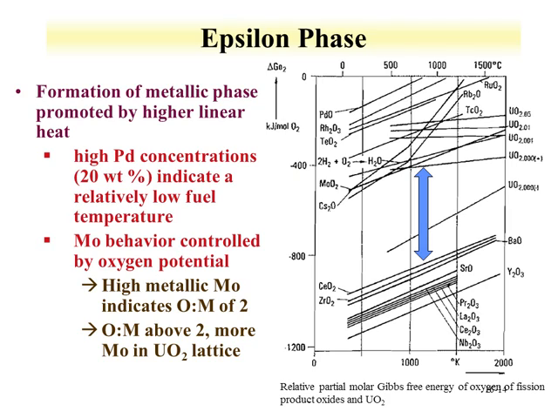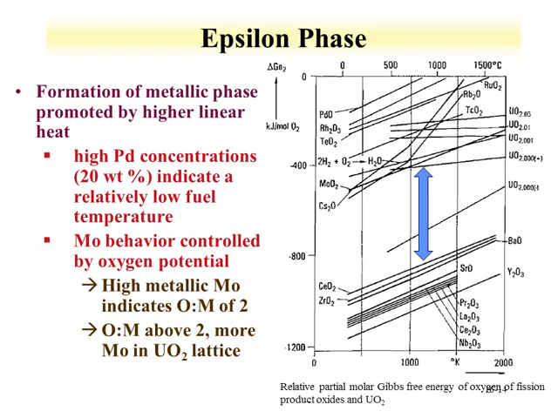Depending upon the UO2+x, so UO2.05, depending upon where the fuel was burnt, the composition of material above this line would tend to be metallic, and below this line would tend to be oxide. So this gives you a good indication of what sort of composition of the epsilon phase one would expect based upon the initial UO2+x of the fuel.